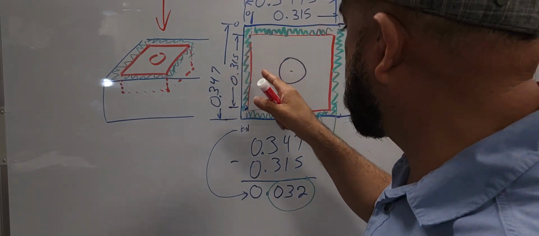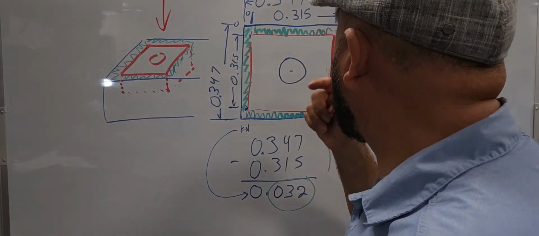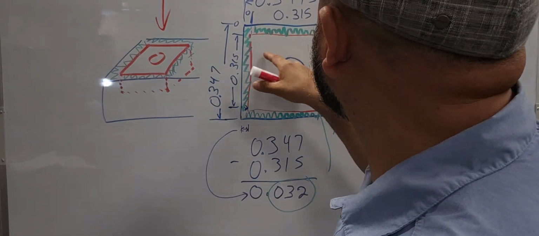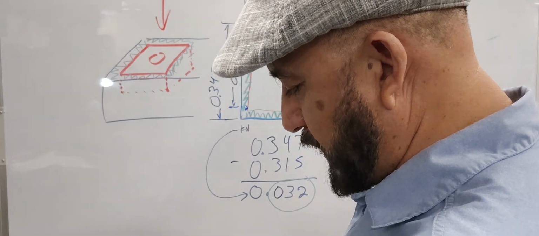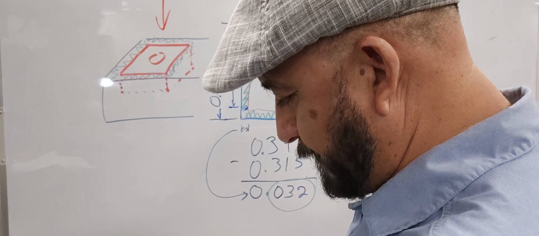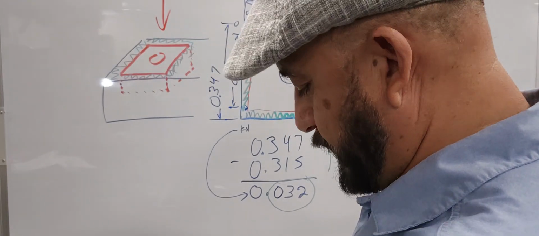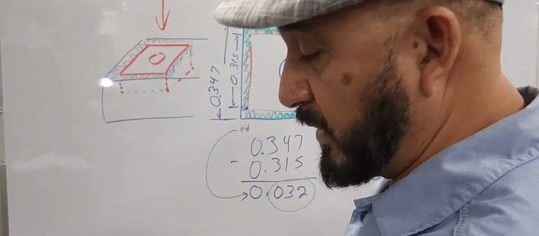And we know this is 32. So, what's half of this 315? Let's start with that. So we get our calculator and we go half of that. So 0.315 divided by 2. It's 157.